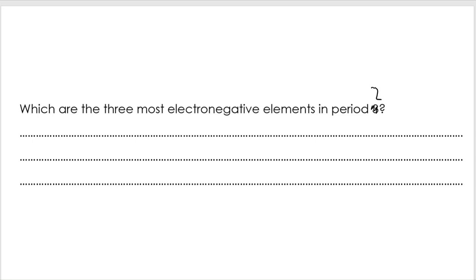The 3 most electronegative elements are N, O, and F. Remember that we do not have electronegativity values for the noble gases. They don't form covalent bonds, so by definition there is no electronegativity. Now that means that all of these have a very strong pull on any atom that they're bonded to.